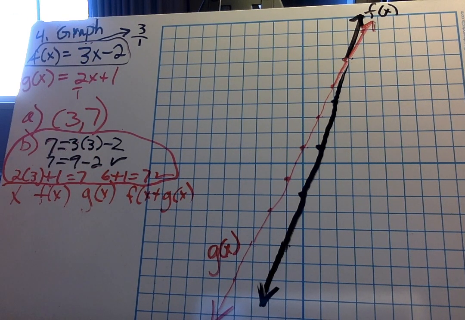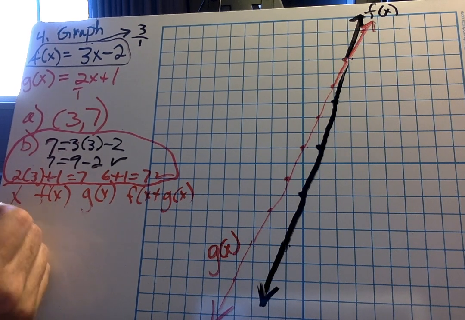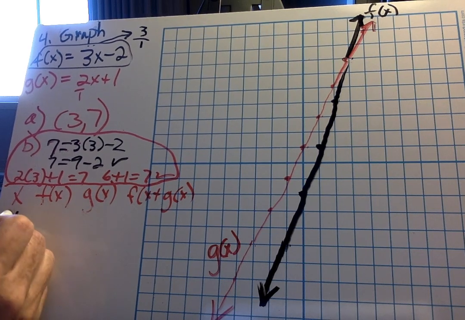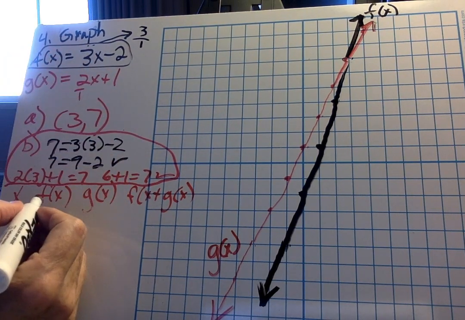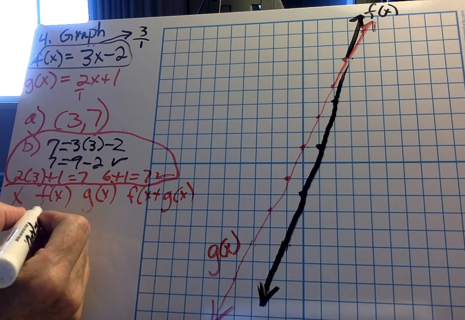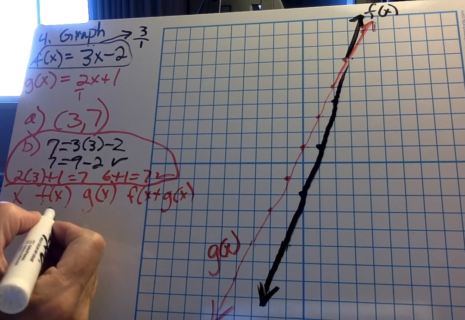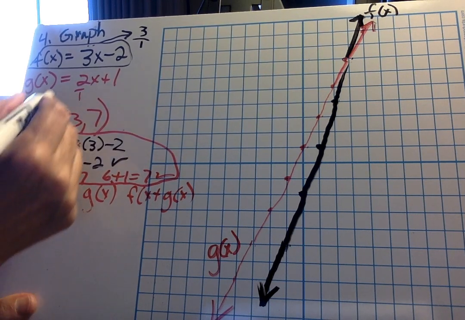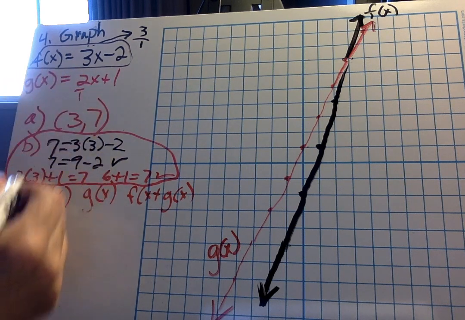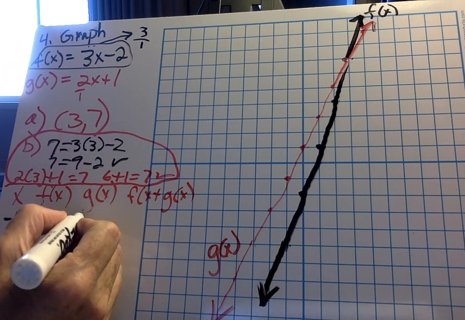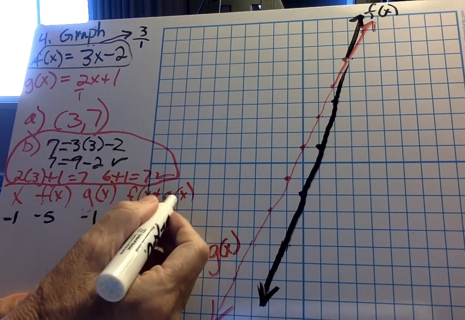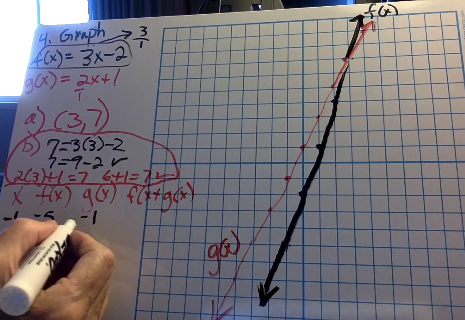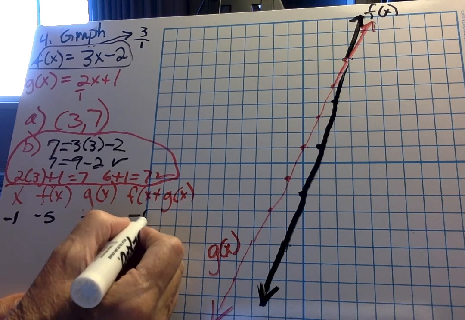Okay. The next one, you can complete the graph. If x is negative 1, I'll just do 1 across. So if x is negative 1, f of x, if we put negative 1 in for x, then negative 1 times 3 is negative 3 minus 2 is negative 5. And if we put negative 1 in the g of x, 2 times negative 1 is negative 2 plus 1 is negative 1. f of x plus g of x, if I take this and I add these two, I get negative 6.